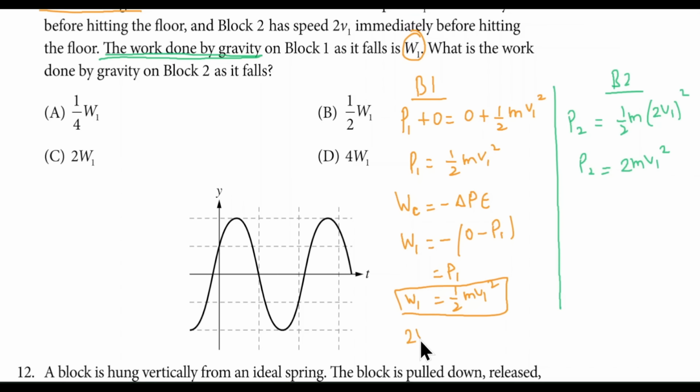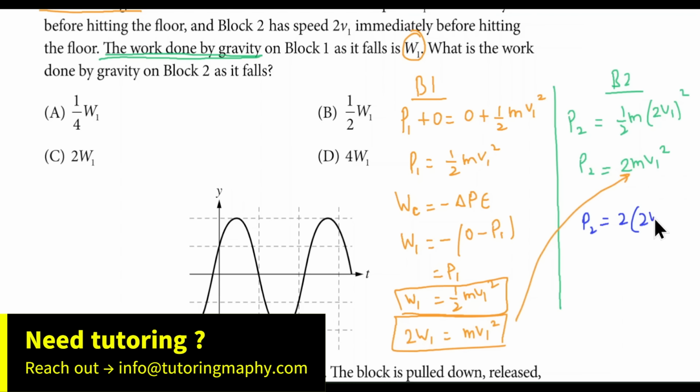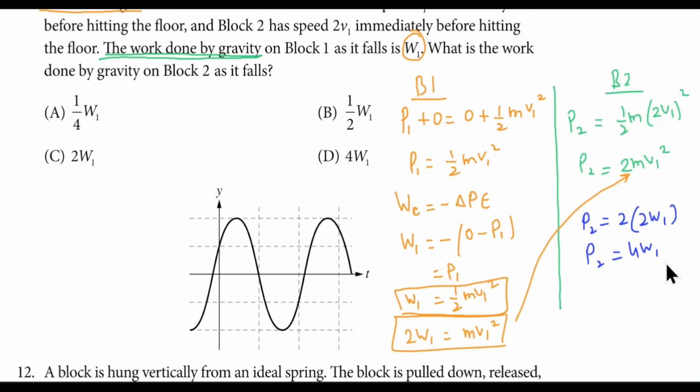Can I multiply both sides by 2 to write 2W1 as m v1 square, and this m v1 square I can substitute in here. So P2 is equal to 2 times 2W1. So P2 is equal to 4W1. P2 is nothing but the work 2. So work 2 is actually 4 times work 1. That is option D. That should be the answer.